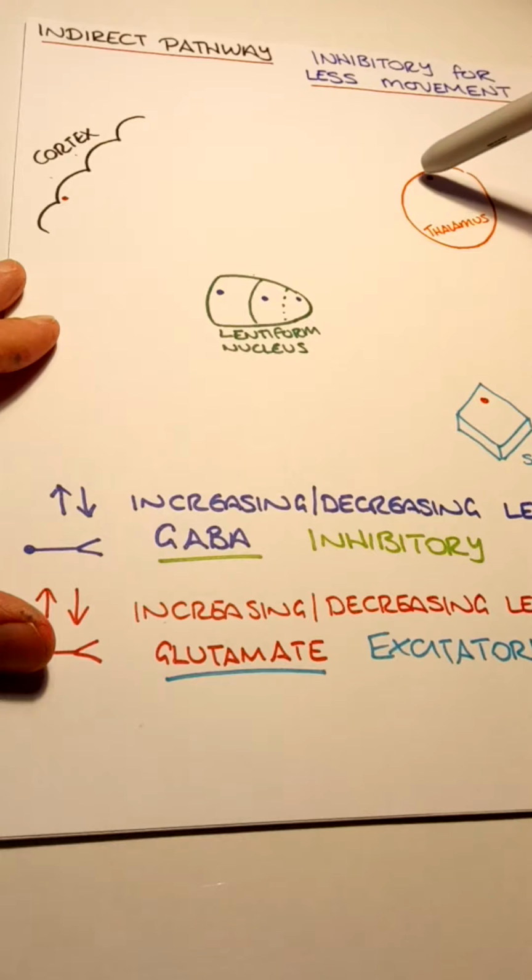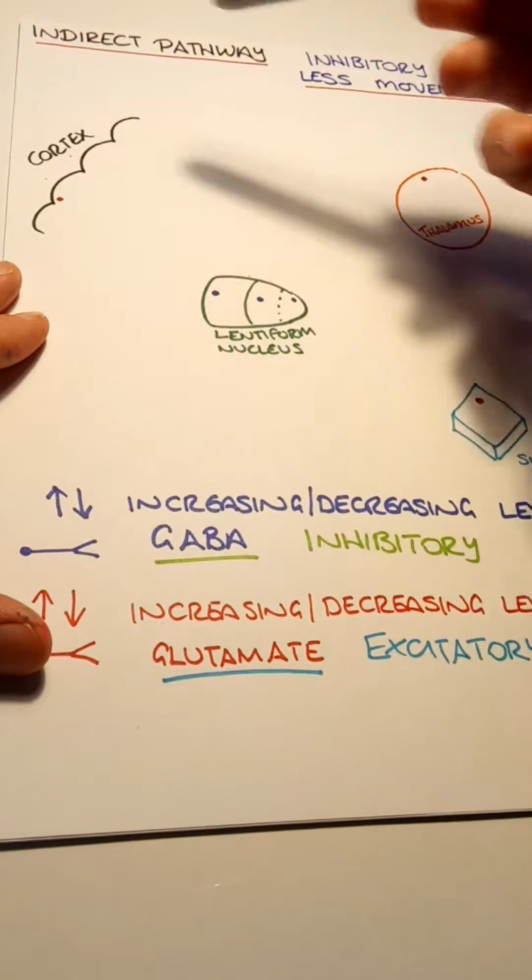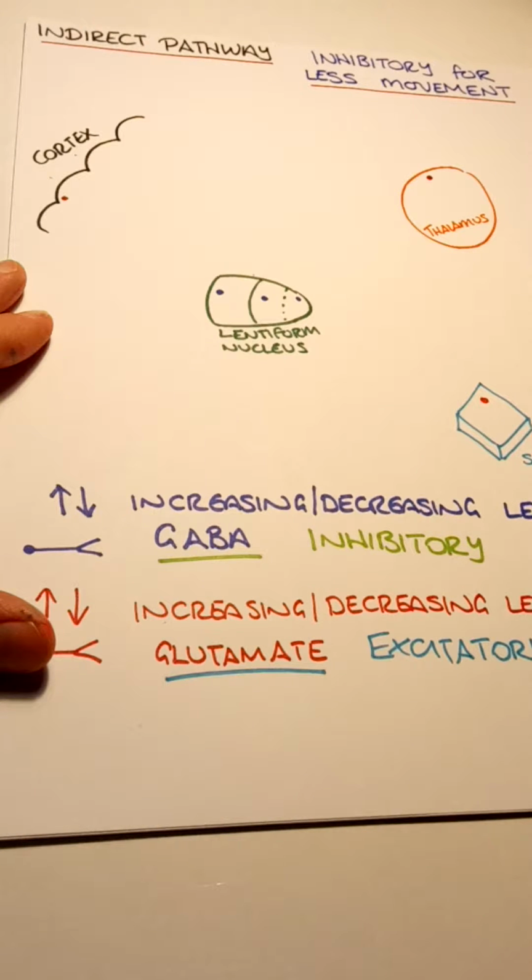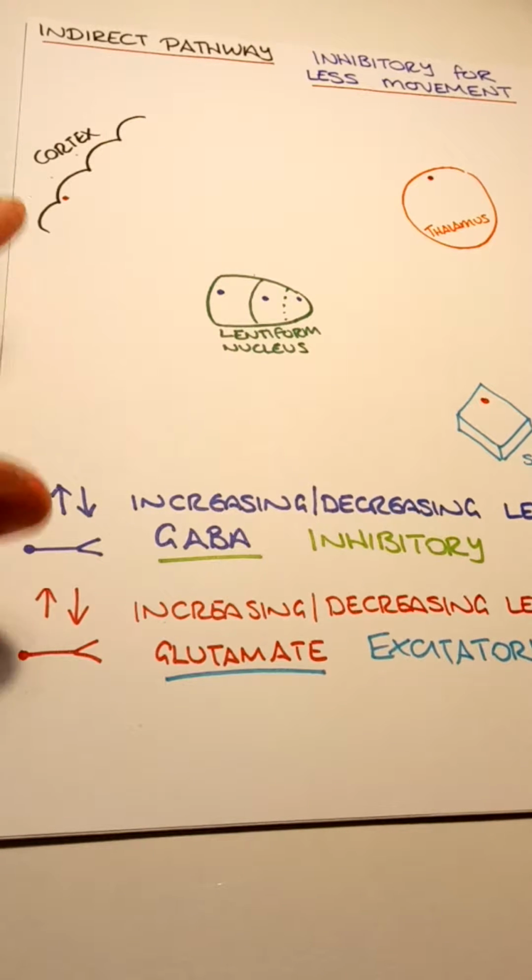Like with the direct pathway, our final message is going to be from thalamus to cortex, but we want decreased levels of glutamate, so it is less excitatory. Okay, so again, I've drawn in the dots. We're going to join the dots.